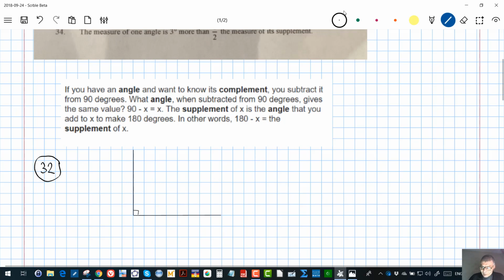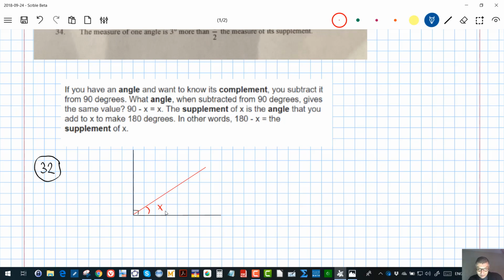And then we have an unknown angle. We don't know it. But what we know, let's dash it. This is an unknown angle which we have. Let's call it x.